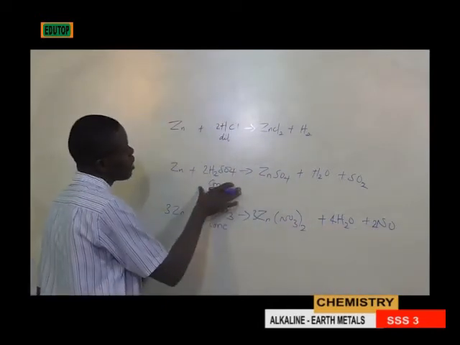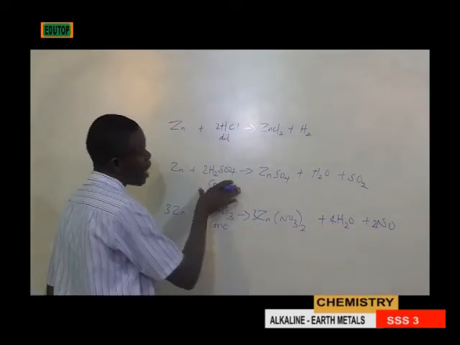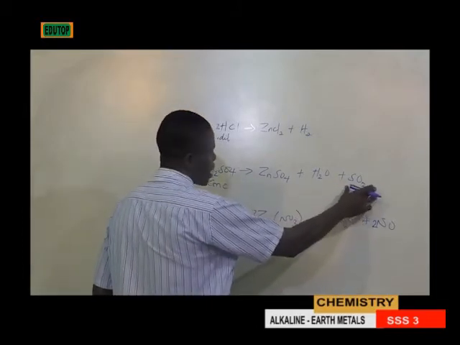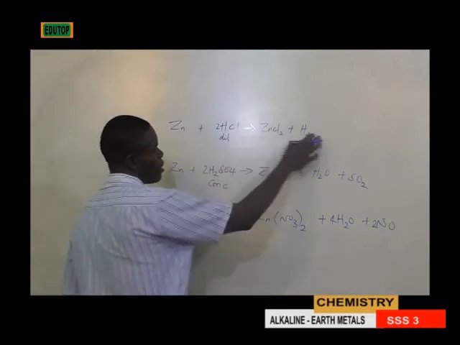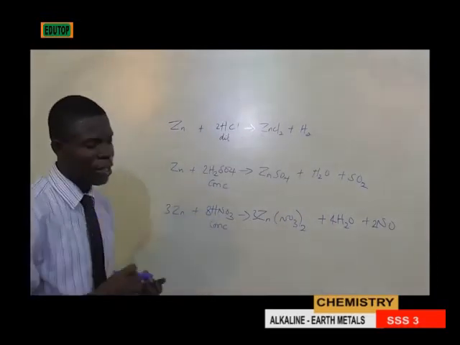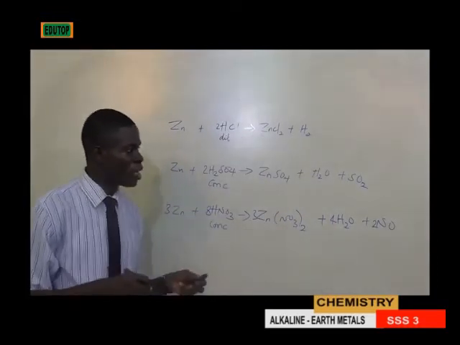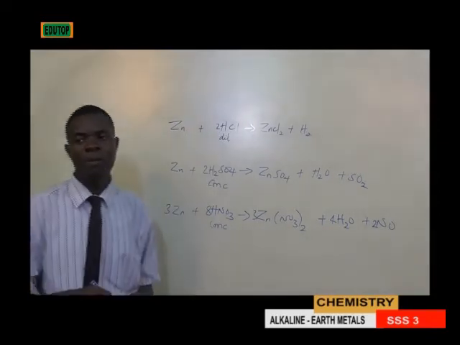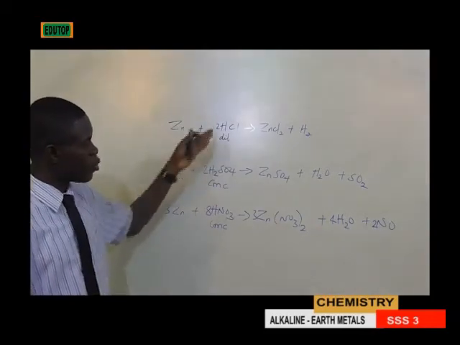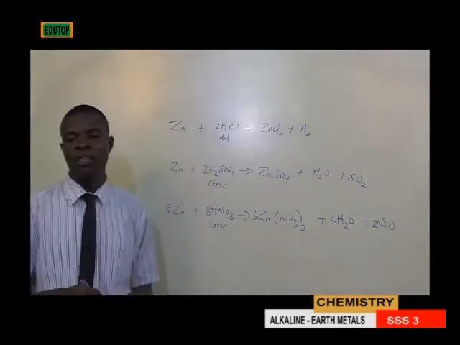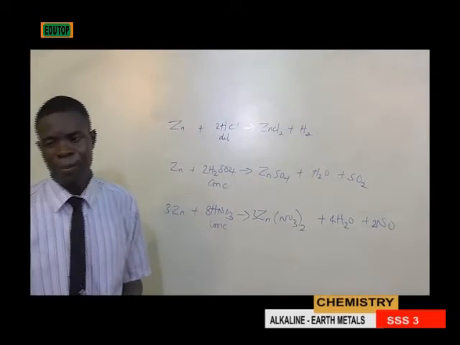In the reaction with tetraoxosulfate 6 acid, sulfur 4 oxide is the gas evolved. And in the case of hydrochloric acid, hydrogen gas is liberated. So these are the respective products when zinc reacts with the following acids.